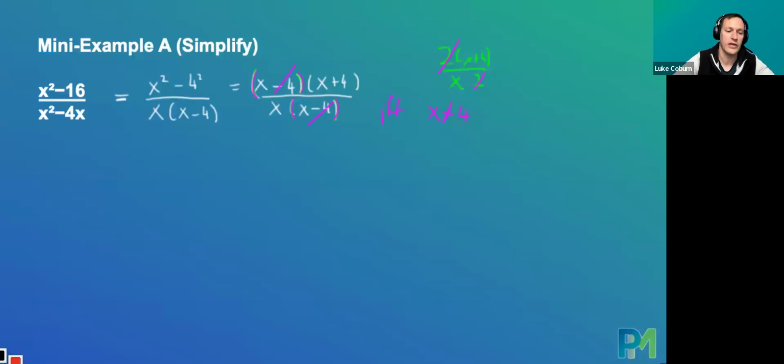So this whole expression boils down to x plus 4 over x, and we've simplified the expression. And this is true if and only if, which you can also write with an arrow going in both directions, x is not equal to 4. Or you can just say it in words, if x is not equal to 4.